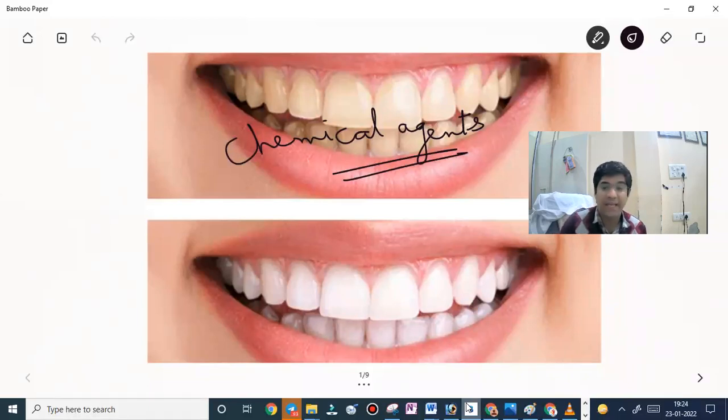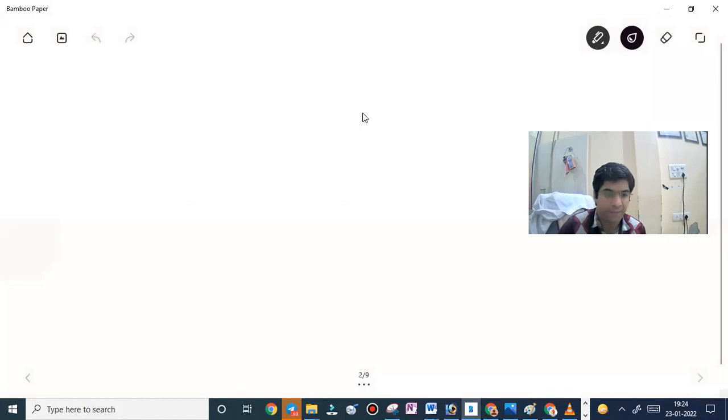So number one, what is dental bleaching? It is the lightening of the color of the tooth through the application of chemical agents. So what are the chemical agents? We will discuss them again after some time.